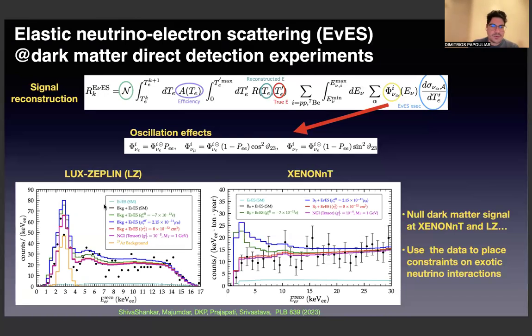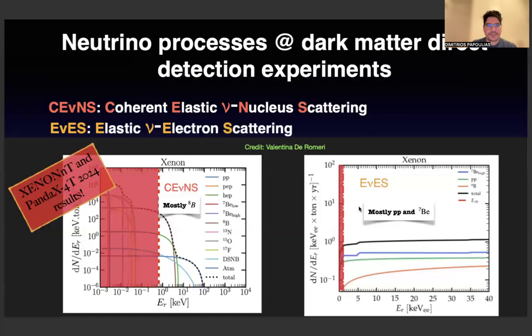In this case, we focus on the LUX-ZEPLIN and XENONnT data, and of course, the standard model cross-section can be exchanged with a BSM one. So we have examples here with a neutrino millicharge, a neutrino magnetic moment, a neutrino charge radius, or some light mediator cases. So our purpose is to use this data to put constraints on various BSM scenarios.